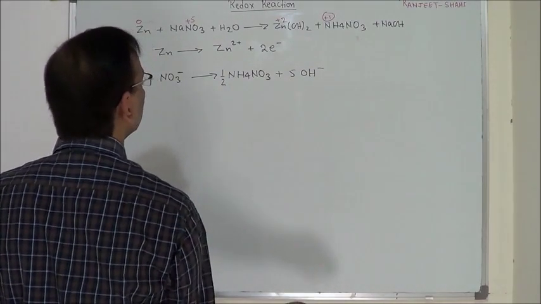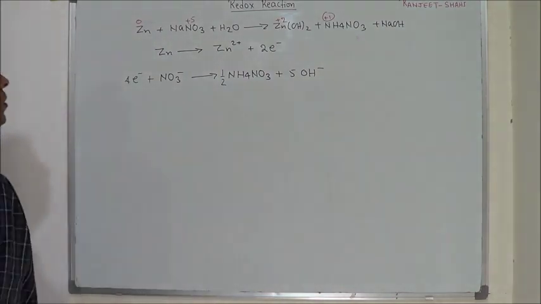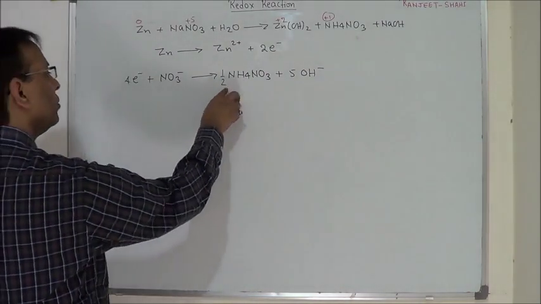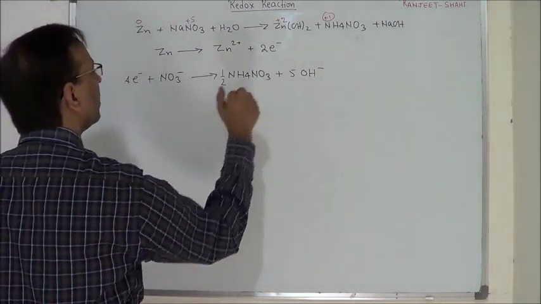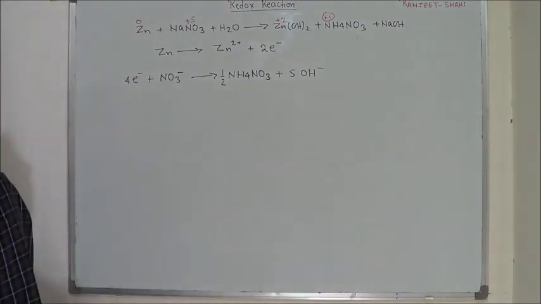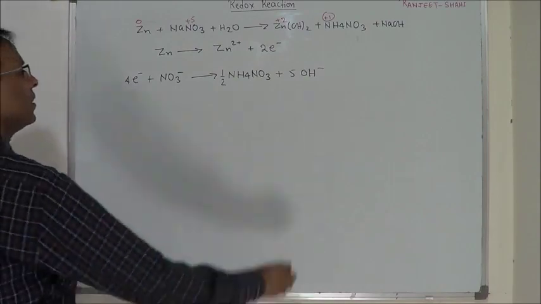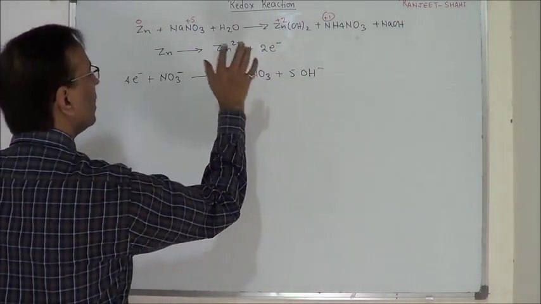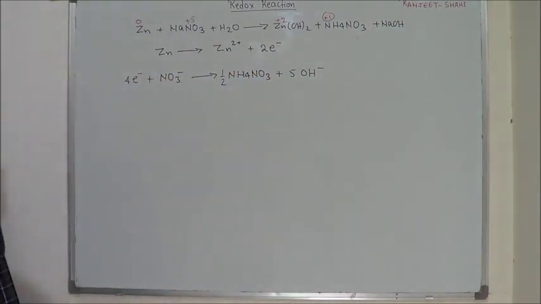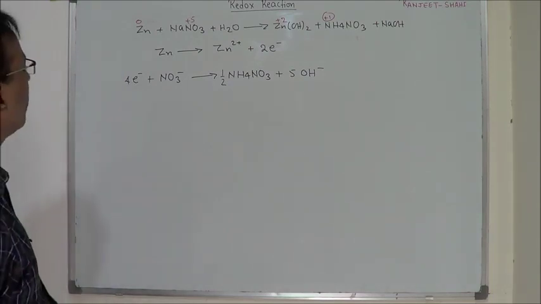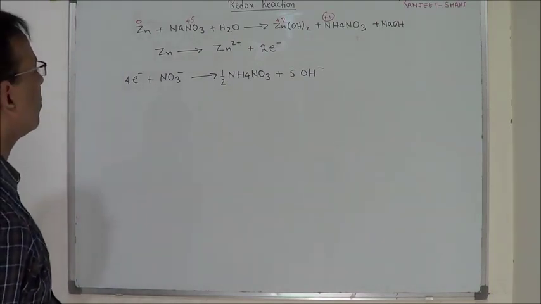We have 4 upon 2, 2 hydrogen here, 5 hydrogen here, 7 hydrogen, and 5, 3, 8 oxygen. So how is the hydrogen going to be balanced?